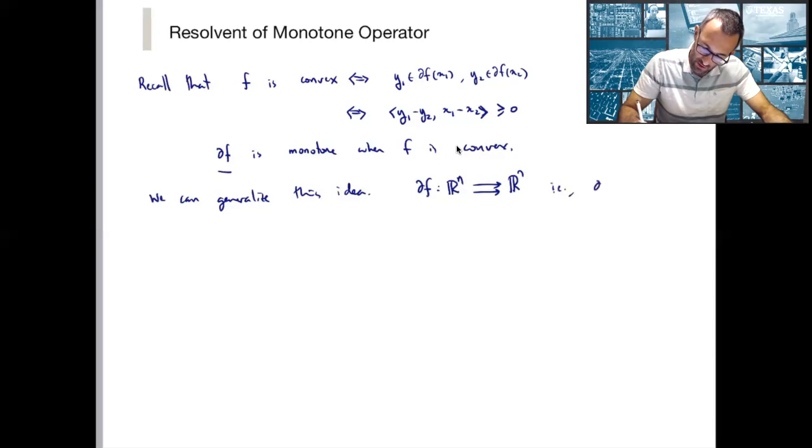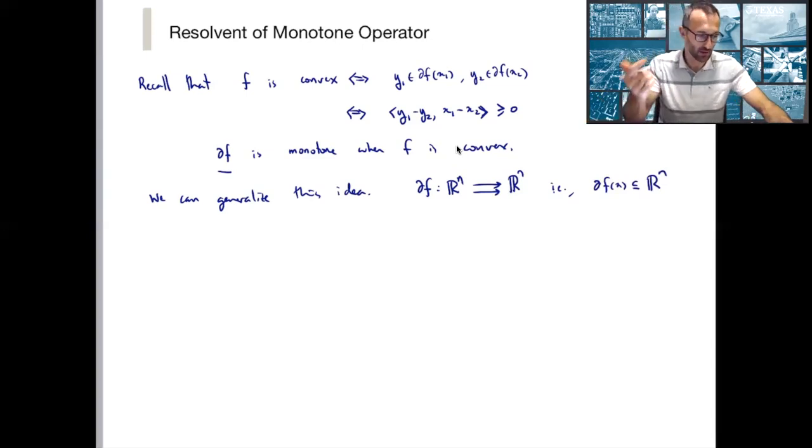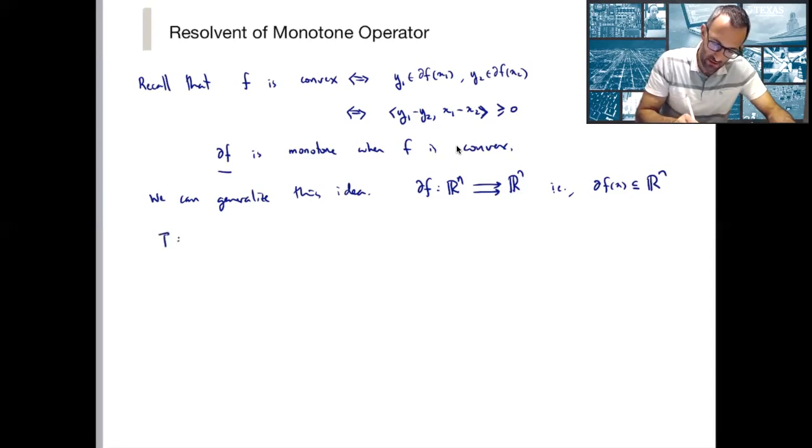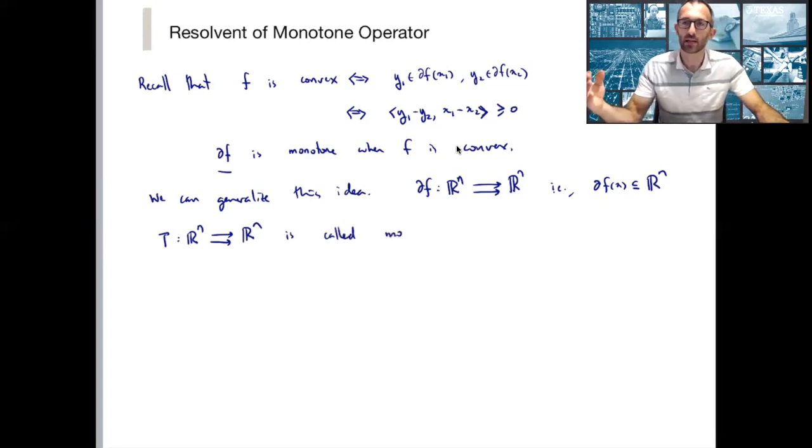So in other words, this is a set that could have more than one value if our function is not differentiable at a particular point. So this is all we have, and so we can replace this subdifferential with really any operator and define a monotonicity property. So T, single valued or possibly multiple valued, I'll leave that possibility open, is called monotone if it satisfies exactly the property that we have above.